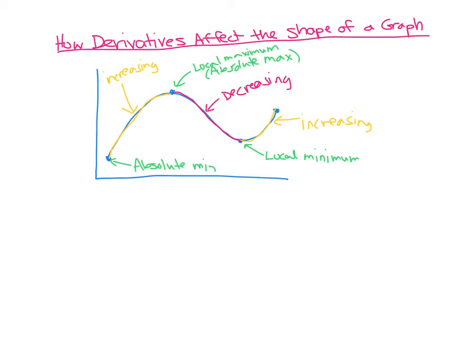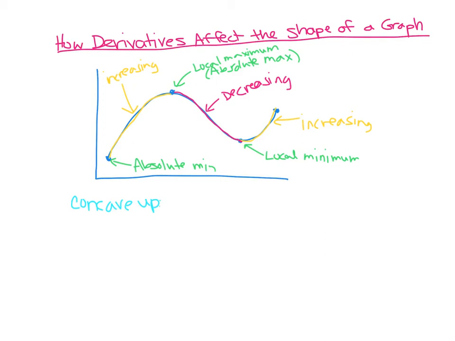There's one other thing, and I'm not sure if you've seen it or not, so it might be new, and that is what we call concavity. We say that something is concave up if the curve of the graph is kind of facing up.